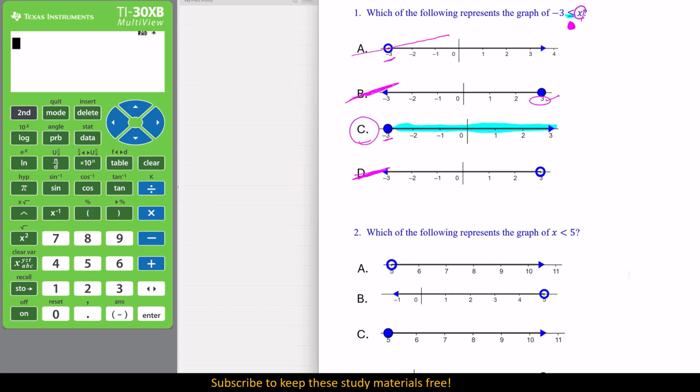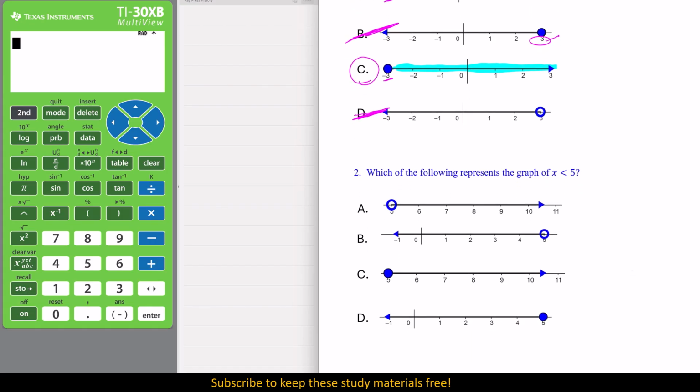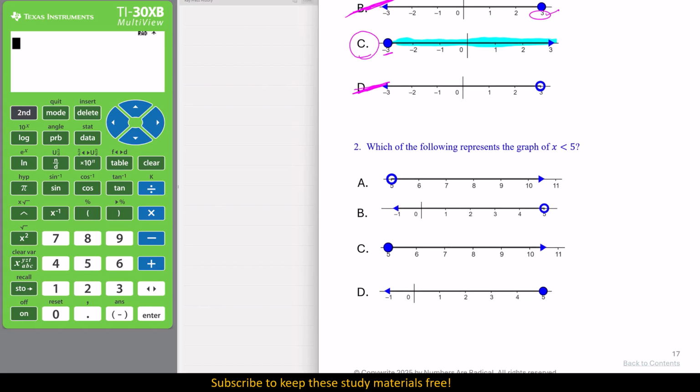All right, so let's look at number 2. Same kind of thing going on, looks like. Which of the following represents a graph of x is less than 5? Okay, because there is no line below my inequality, that means that I need an open circle.